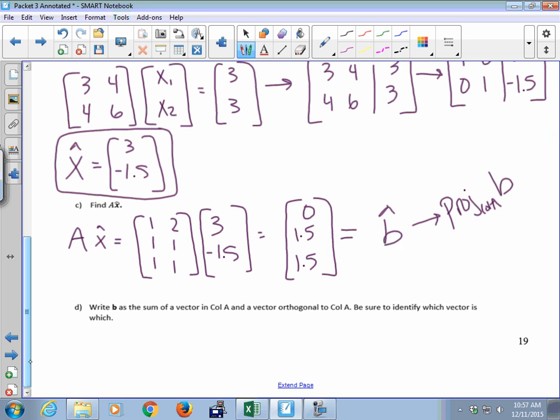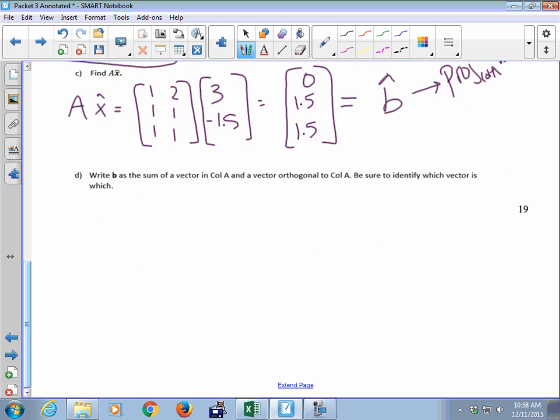Okay, so I would like to write b as the sum of a vector in col A and a vector orthogonal to col A. And then make sure we identify which is which. So b I need to write as b hat plus z. This is the same thing we were doing last class. b I know, it was given at the beginning.